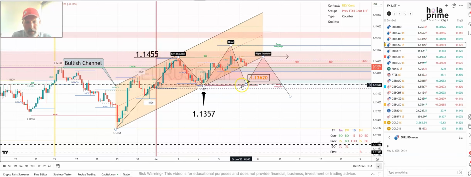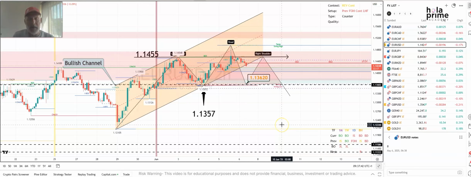So move down, form the neckline, move up, hit the right shoulder, move to the downside. And again, when we're looking at big picture analysis, which side do we want to be trading on? Well, we want to be trading on the side of the trend predominantly. Okay, so that means selling into the right shoulder, not necessarily buying the dip at 113.62, although I do believe it will be quite strong.